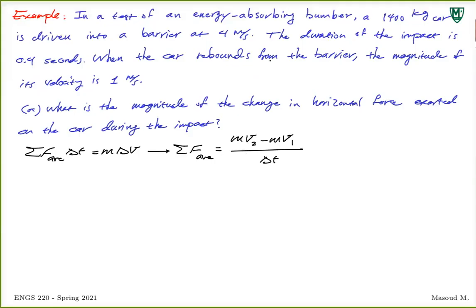We know the velocities, 4 meters per second when it's, let me draw it here. So here is the situation. We have, draw best I can. All right, not bad. We have a barrier here.